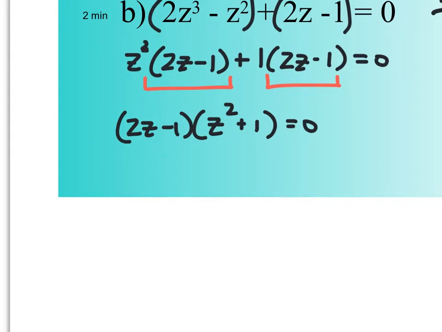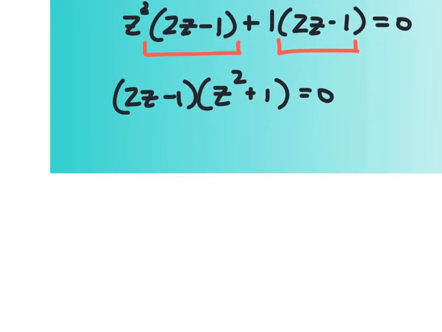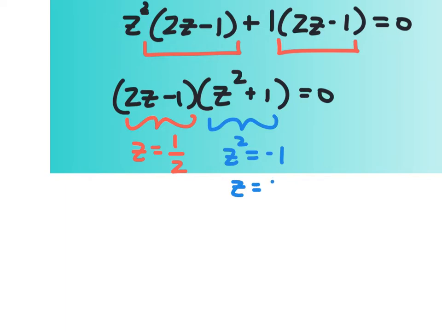Okay, now here we go. Now we're going to get a complex root, or solution. Here this clearly will yield that z will equal 1/2. There's a real solution. This is where it gets interesting. z squared equals then -1, and so z equals plus or minus the square root of -1, which means z would equal plus or minus i.